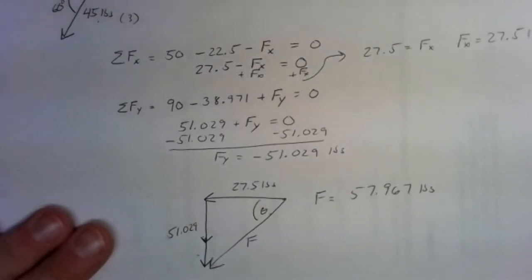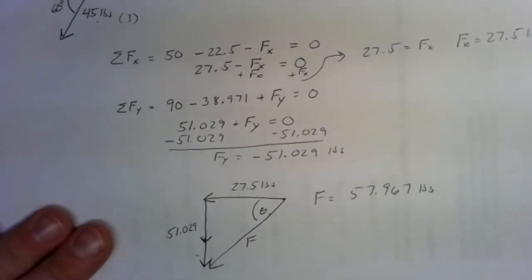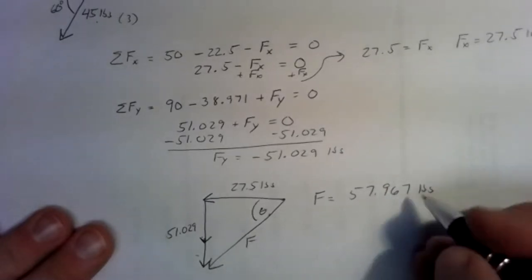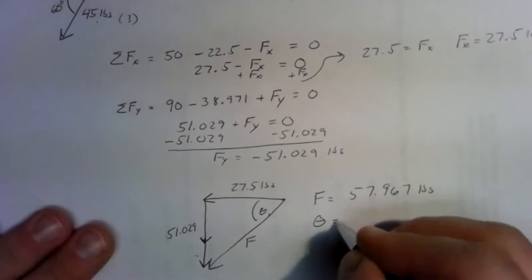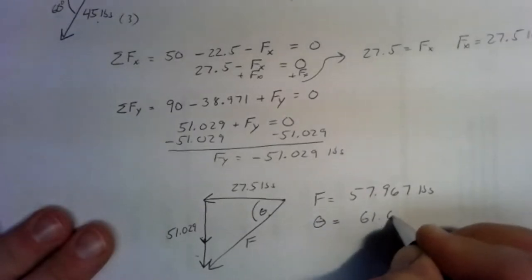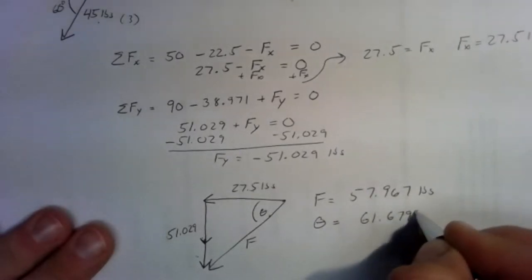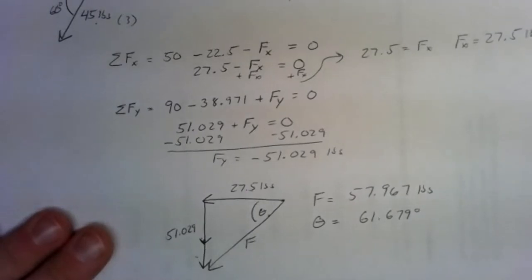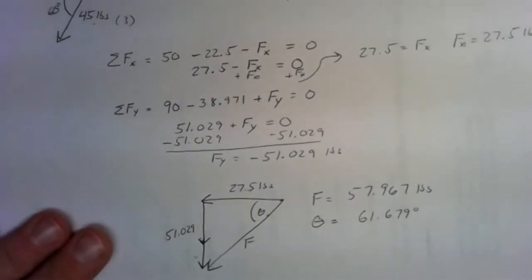So 51.029 divided by 27.5, inverse tangent. Got to actually divide first, 51.029 divided by 27.5, and inverse tangent. There we go, that's a better number. Angle 61.679 degrees. And we know now that that angle is below horizontal.